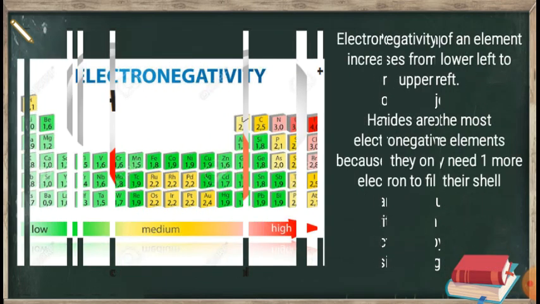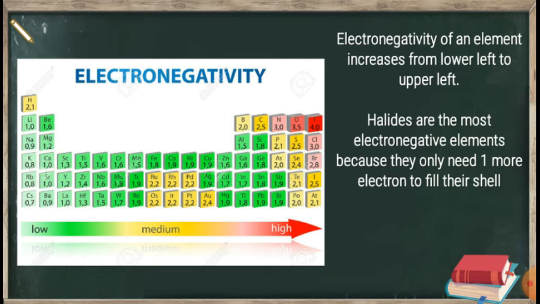Okay, now the next one we're going to talk about is the electronegativity again. The electronegativity of an element increases from the lower left side of the periodic table up to the upper right side of the periodic table.